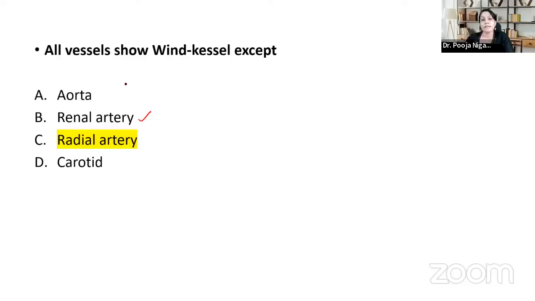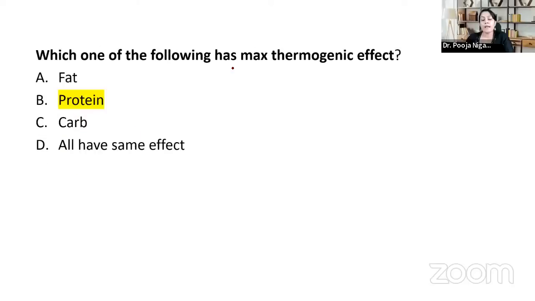You guys are totally aware that aorta and carotid do have the Windkessel effect, but understand the renal has more elastic fibers, and relatively the radial artery is going to have a negligible effect. So that is the answer.